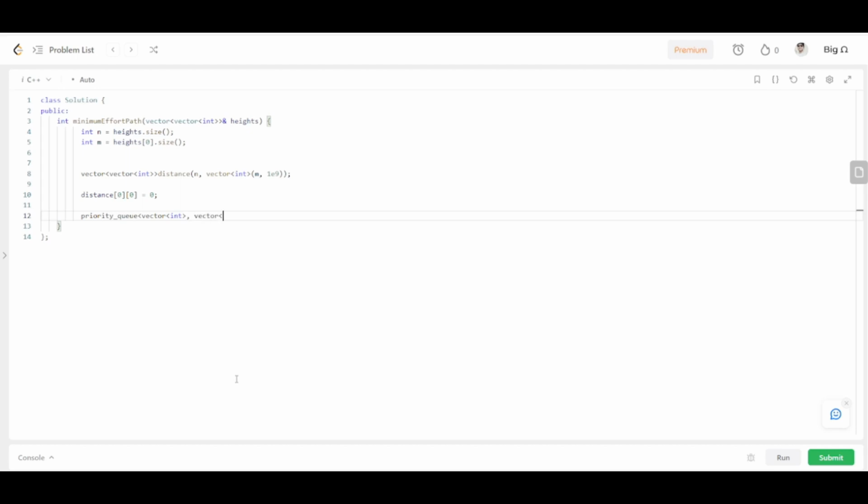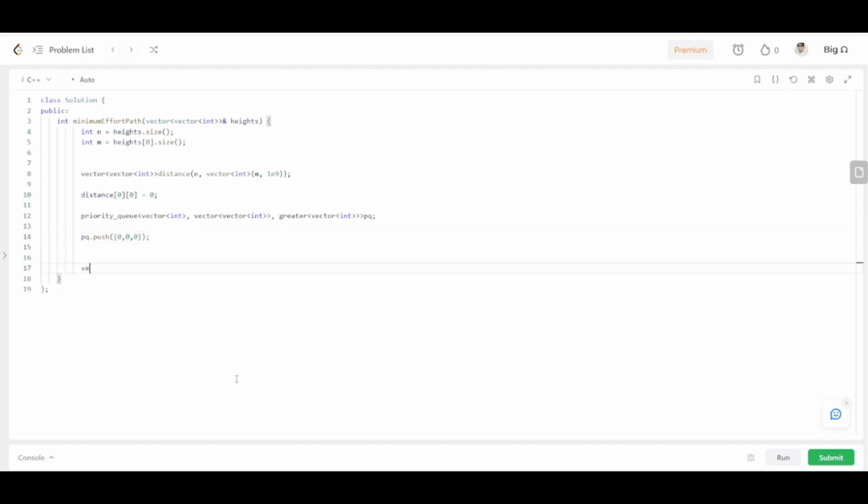and declare a priority queue, a vector of vector, and push this cell into the priority queue: pq.push this cell 00 with its effort to be 0.